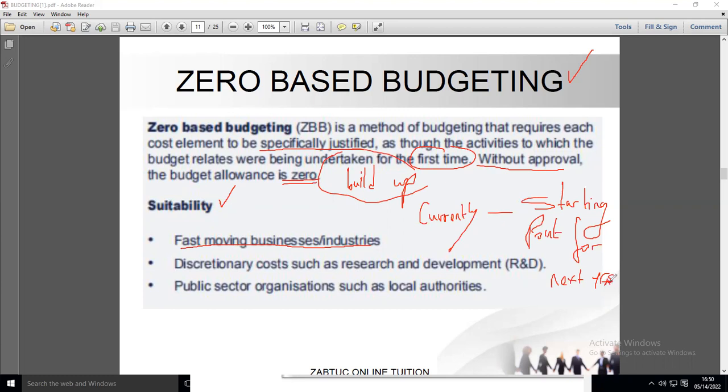If we are working in a very fast-changing environment, we can't make that assumption. Examples are research and development, because we need to justify this, and public sector organizations such as local authorities, who want to ensure that there's efficiency.